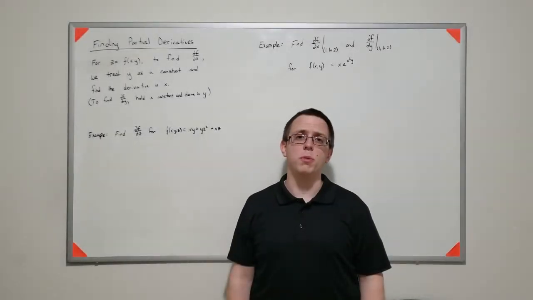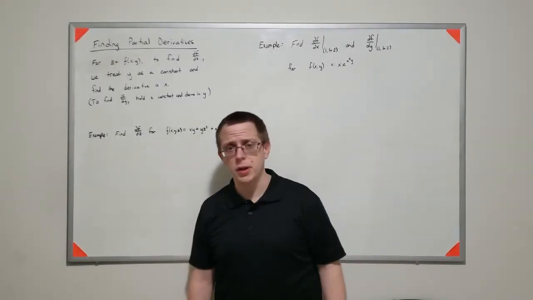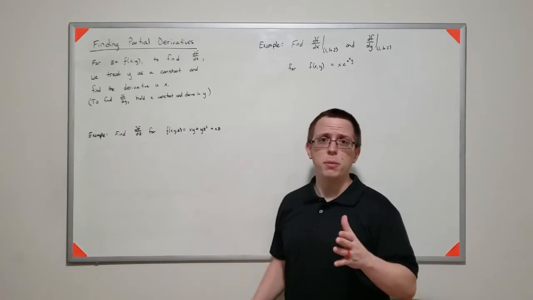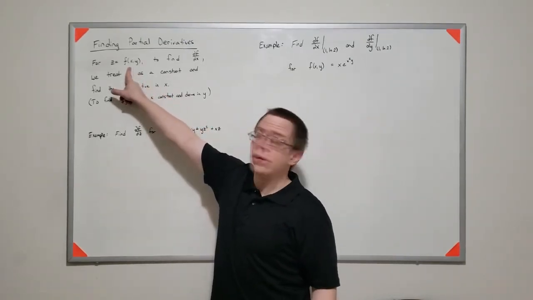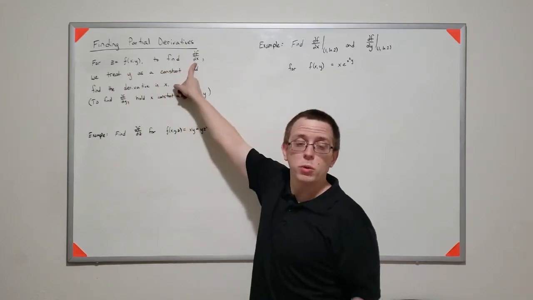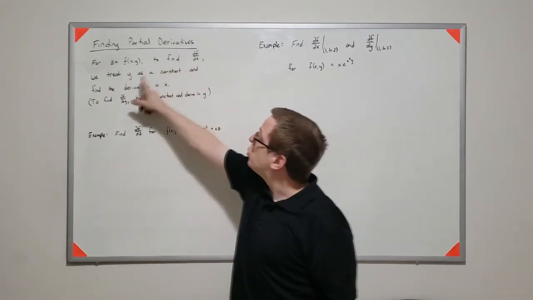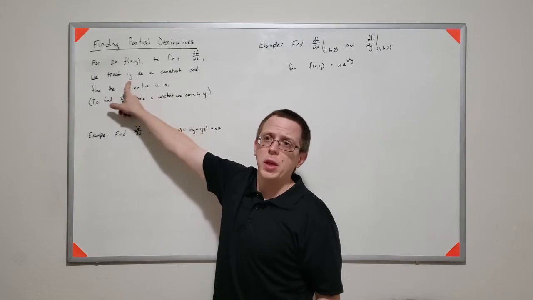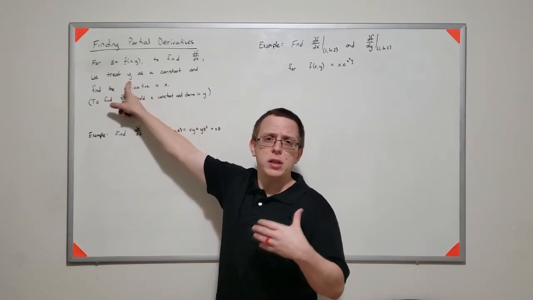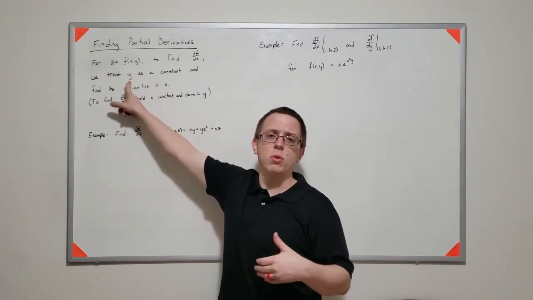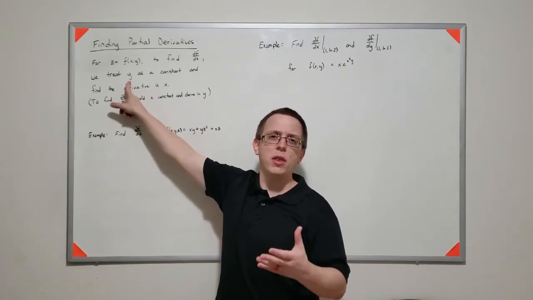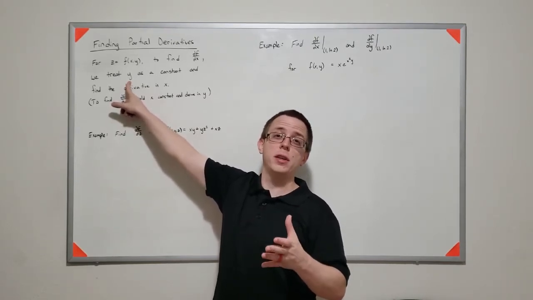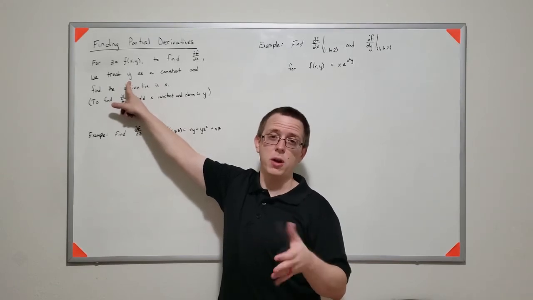Now we're going to compute some partial derivatives with actual functions. So remember that to find a partial derivative for a specified function, if we want to find the partial with respect to x, we treat y as a constant. So if you had something like f of x equals yx squared, you would take the derivative the way you would for f of x equals 3x squared.